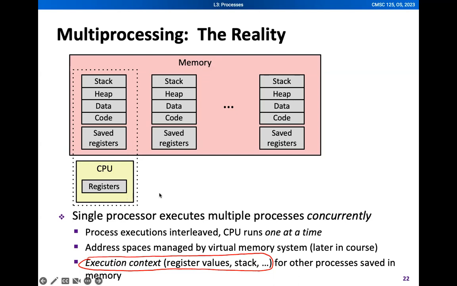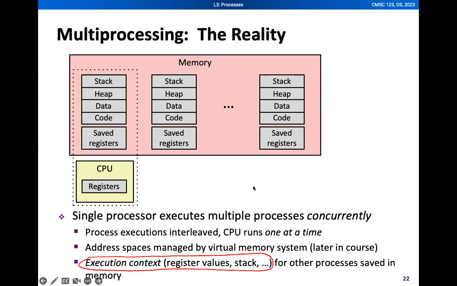So a single processor executes multiple processes concurrently, and the process executions are interleaved, or the CPU runs one at a time. It appears that they all run at the same time, but in fact the executions are interleaved.